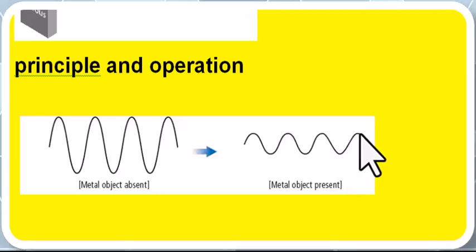So this indicates there is a metal which is near to the sensor. This is what is required for the robot controller.